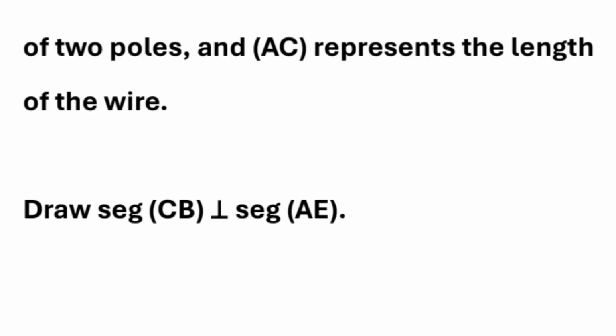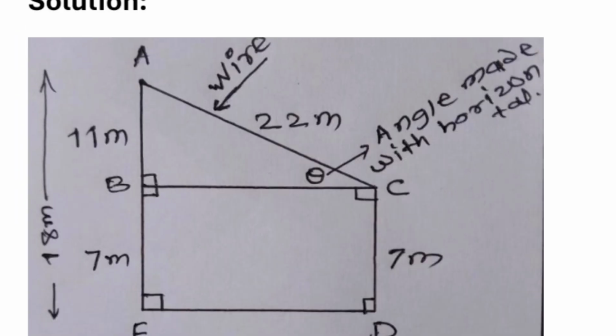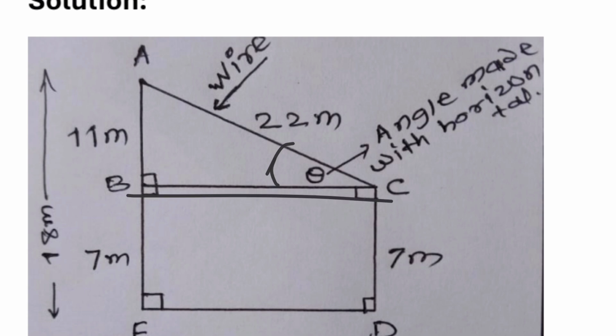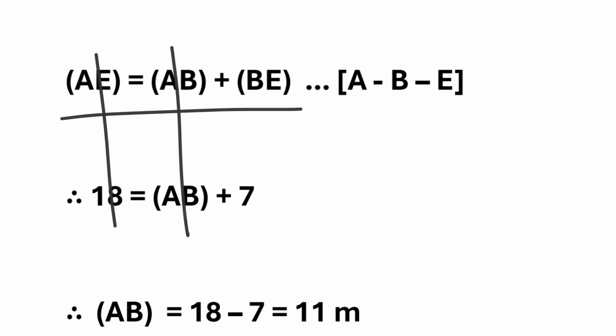Means the wire which is fastened at the top of the two poles makes an angle with the horizontal of 30 degree. Here AE is equal to AB plus B. AE is 18, we don't know AB, B is 7.